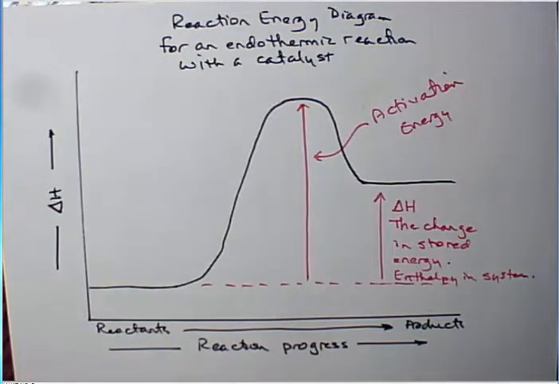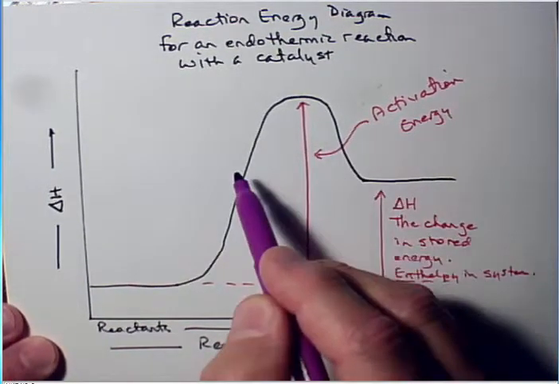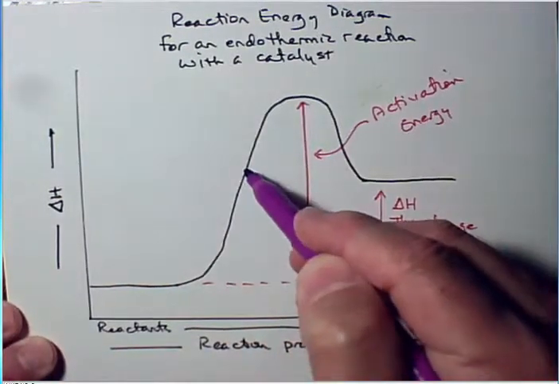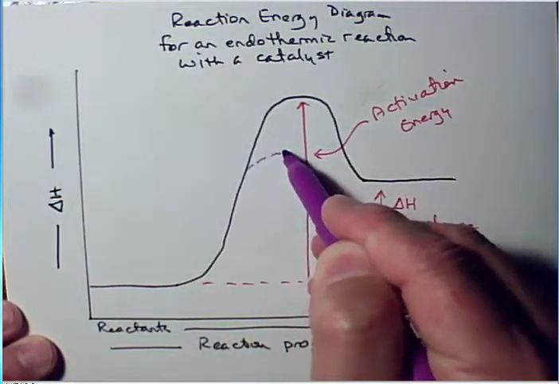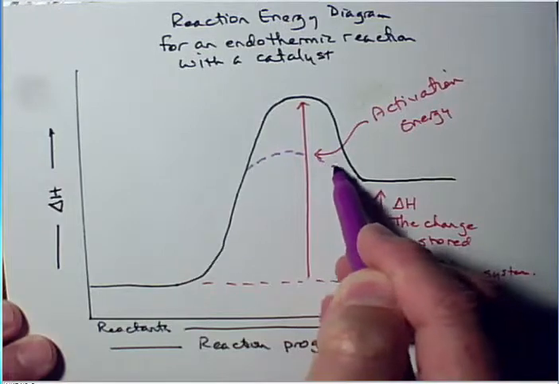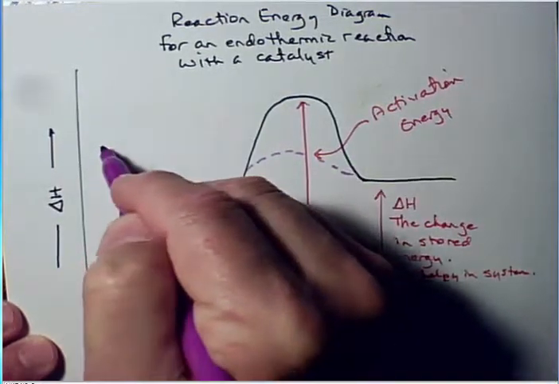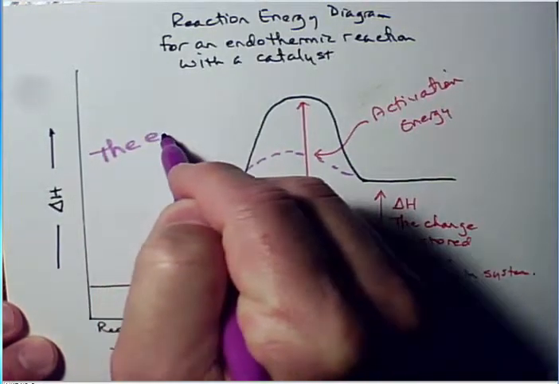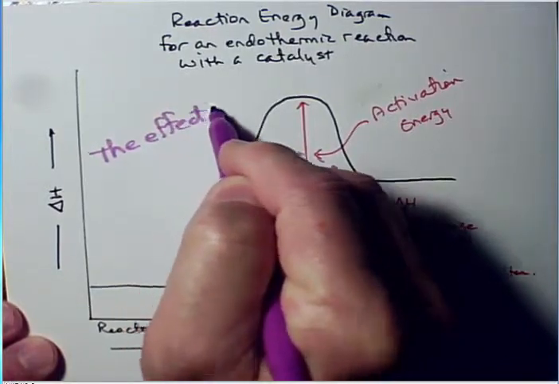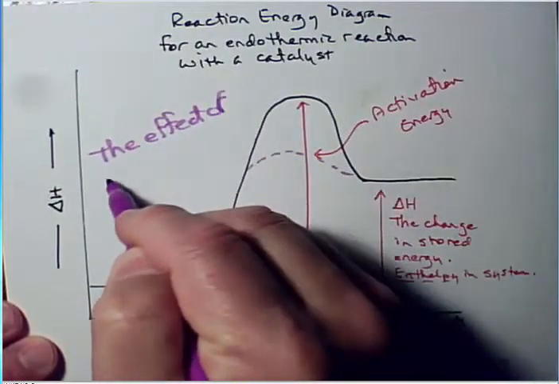And then when you add a catalyst to the system, a catalyst reduces the amount of needed activation energy. So this is the effect of a catalyst.